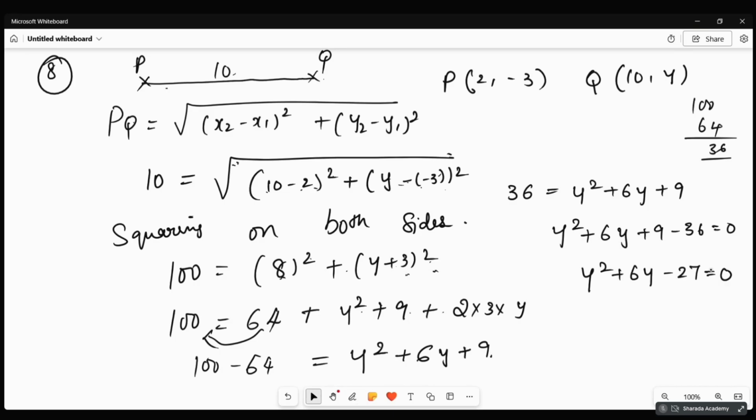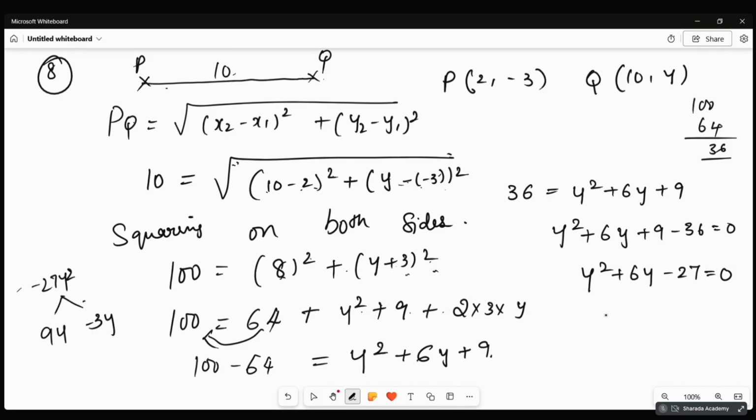Now find y. We have y square plus 6y minus 27. Middle term splitting you have to do. 27 is 9 into 3. Minus here means one plus, the other minus. So 9y minus 3y you have to do, because you want plus 6y.